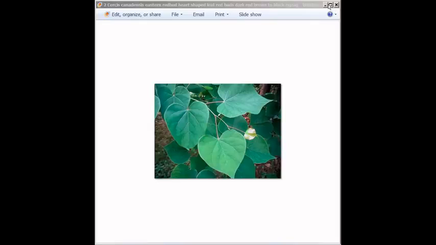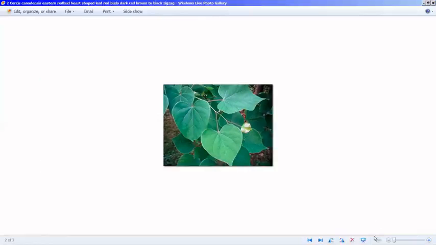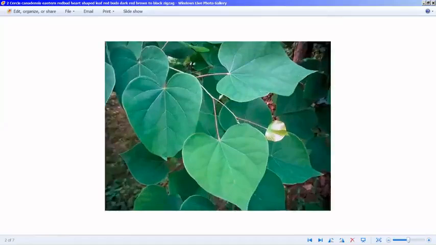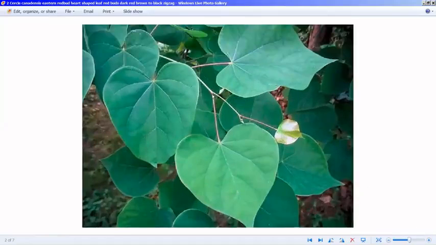Now, if you look closely, let's pick it up. At this point right here, this is the petiole. This indicates which leaf is which. This point right here to the end is the entire leaf.